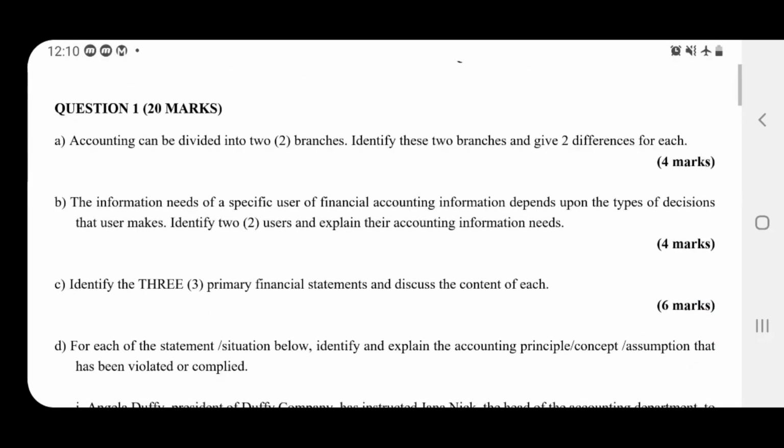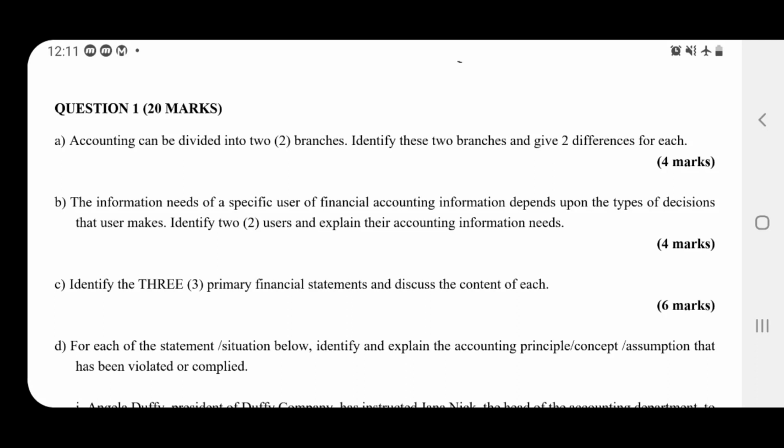Okay, let's see. Question B. The information needs of a specific user of financial accounting information depends on the type of decisions that user makes. Identify two users and explain their accounting information needs. Okay, so the focus now is on the financial accounting.